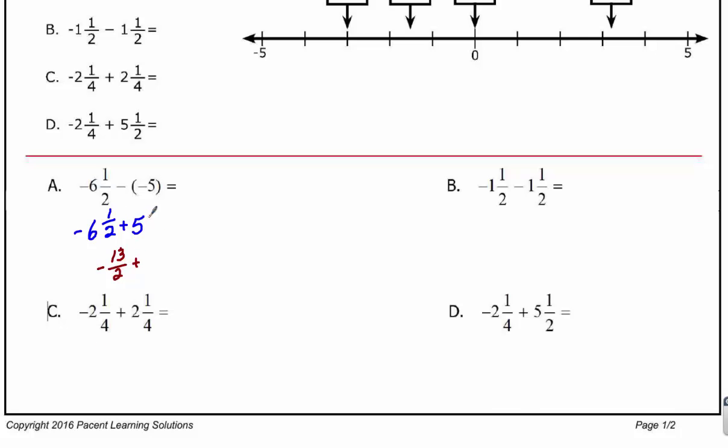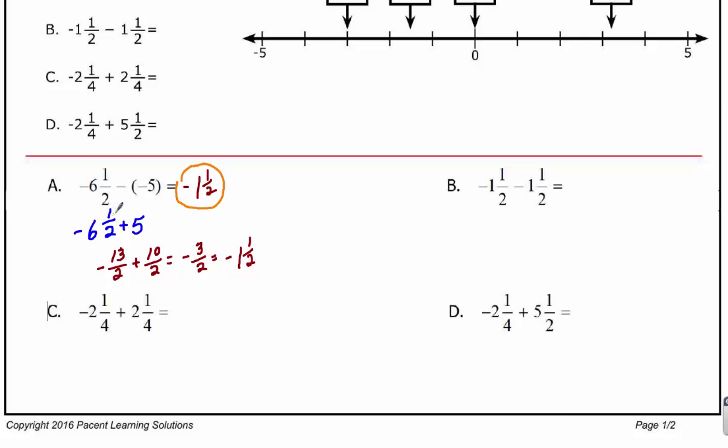So think of it as 5. If you divided 5 into halves, each one is going to be 2 halves. So altogether it's going to be 10 halves. Now you've got negative 13 plus positive 10. That's 10 zero pairs. We get negative 3 halves, which is negative 1 and 1 half. That's our answer, negative 1 and 1 half.